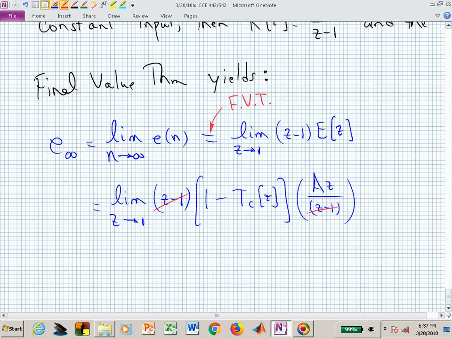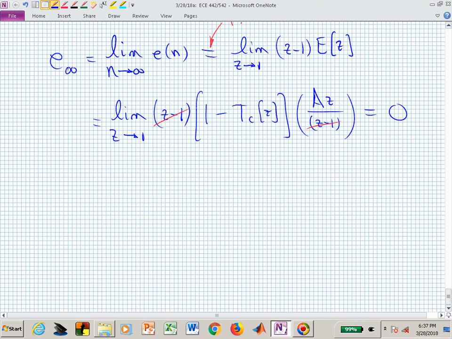And if we want the error to go to 0, we want this to equal 0. What do we need to have happen if we want that formula to equal 0? Do you see that we want the limit as z goes to 1 of the quantity 1 minus T sub c of z to be 0?